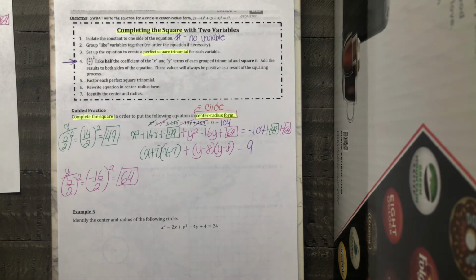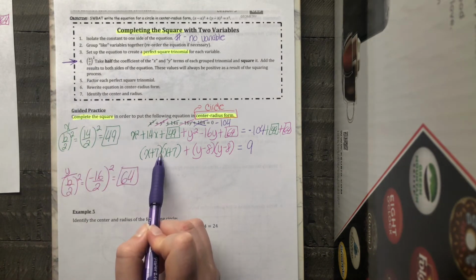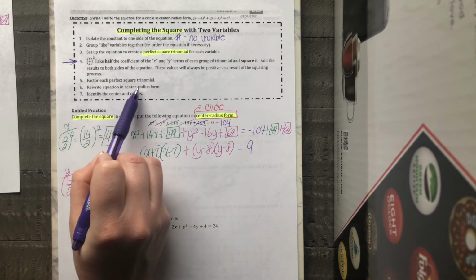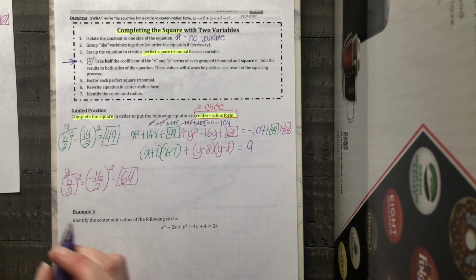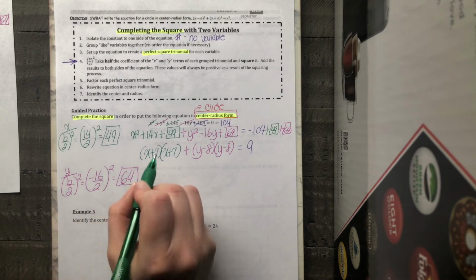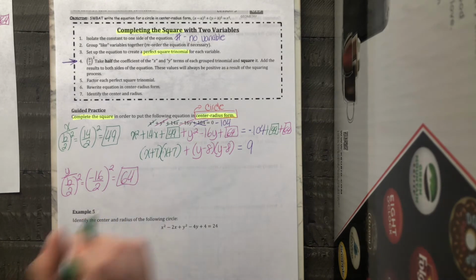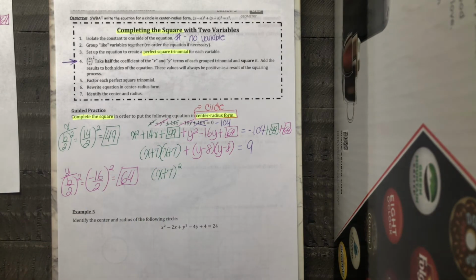Okay. And now that I factored each guy, I factored my x's and my y's, now I want to rewrite this in center radius form. So I know center radius form has my x's grouped and my y's grouped. So another way to write x plus 7 times x plus 7 is just x plus 7 squared.